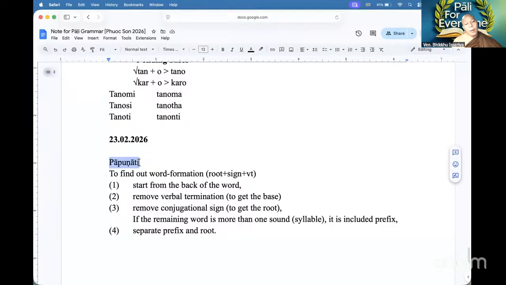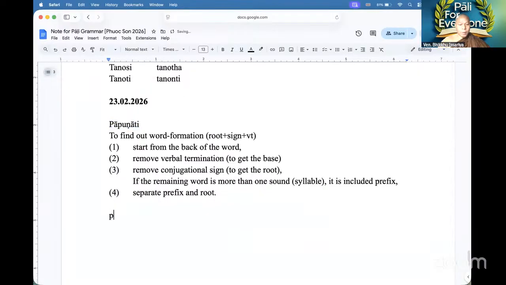Now actually, for this babunati, we can follow that. From there, the first step: if we remove ti, that is the verb termination, then babuna is the base.